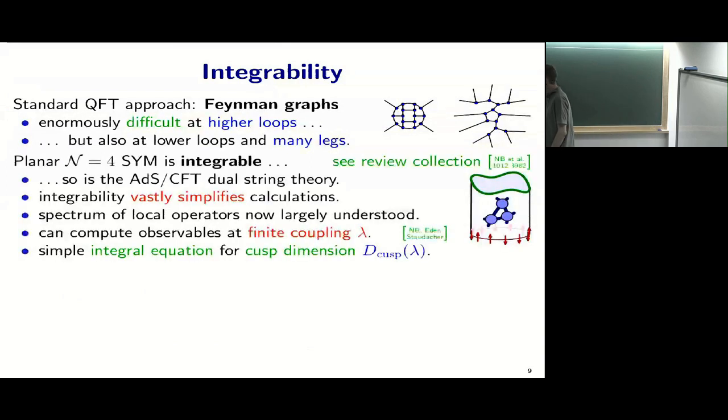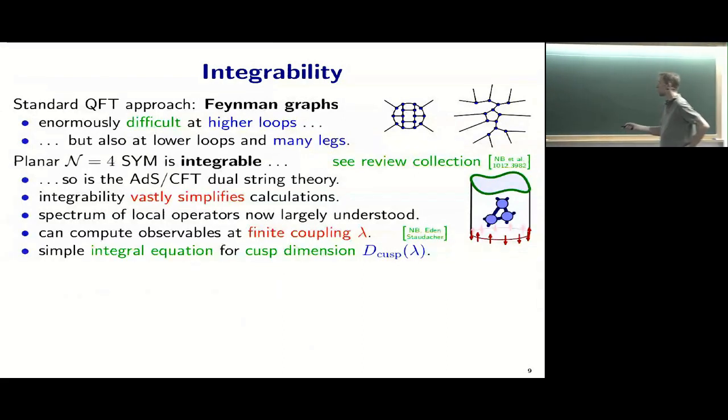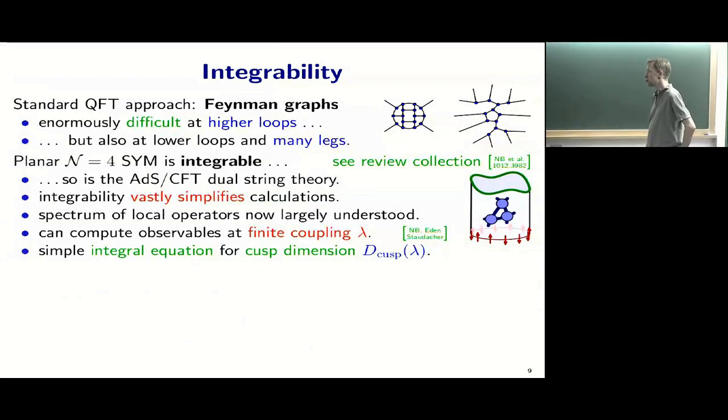Now, the point of all these talks is that N=4 super Yang-Mills is apparently integrable, and so is the AdS/CFT dual string theory on AdS5 x S5. This peculiar feature somehow simplifies calculations vastly, to such an extent that the spectrum of local operators, or the spectrum of string states, is now largely under control, and you can do actual computation.